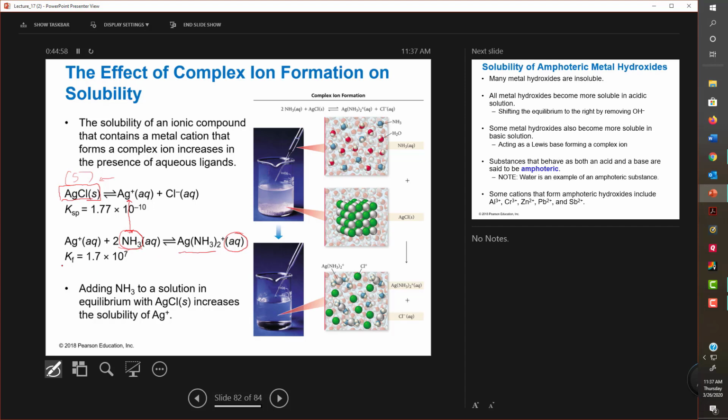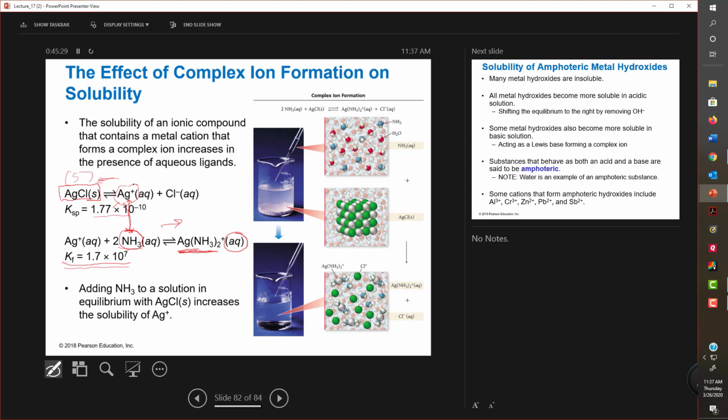And this is going to happen because look at that formation. Formation's huge. So yes, this reaction wants to go in this direction, but this reaction wants to go in this direction. As the silver reacts with the ammonia, this reaction is going to happen. It's more probable. It doesn't talk about the speed or anything like that, but it's more probable because this has such a high formation constant versus the solubility of this.